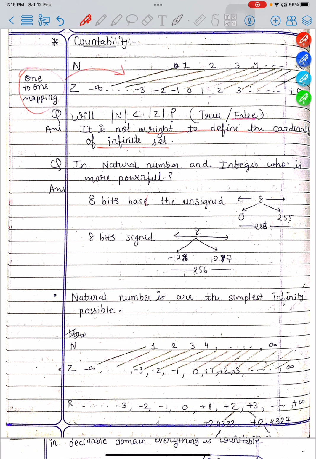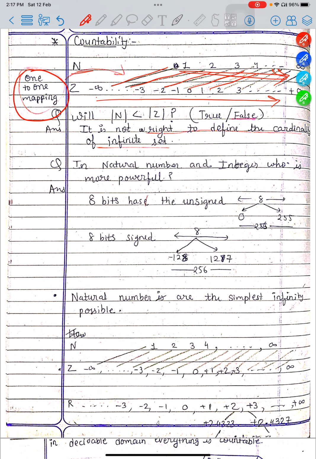Countability. Here is one concept of countability. Natural numbers have a simple infinity, 1 to infinity, and integers are from negative infinity to positive infinity. But we can map each element of the integers to each element of the natural numbers.